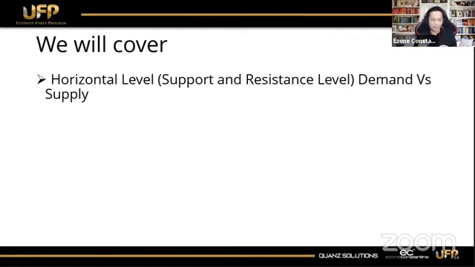Hari ini saya Zon akan cover bahagian penggunaan garisan melintang, ataupun orang sebut garisan mendatar. Okay, macam mana nak menggunakan garisan melintang ni untuk melihat kawasan support, kawasan sokongan, kawasan rintangan dan juga kawasan permintaan serentak juga dengan kawasan penawaran. Alright, so that's what we're going to cover.